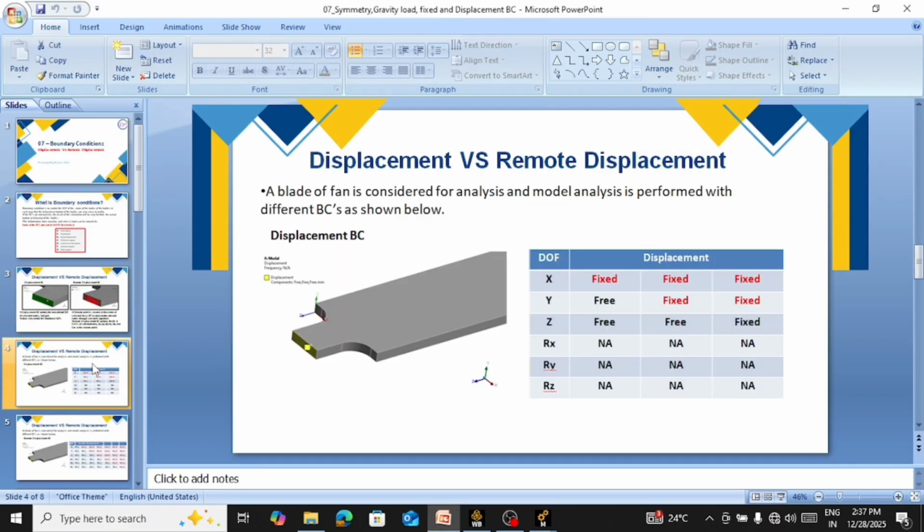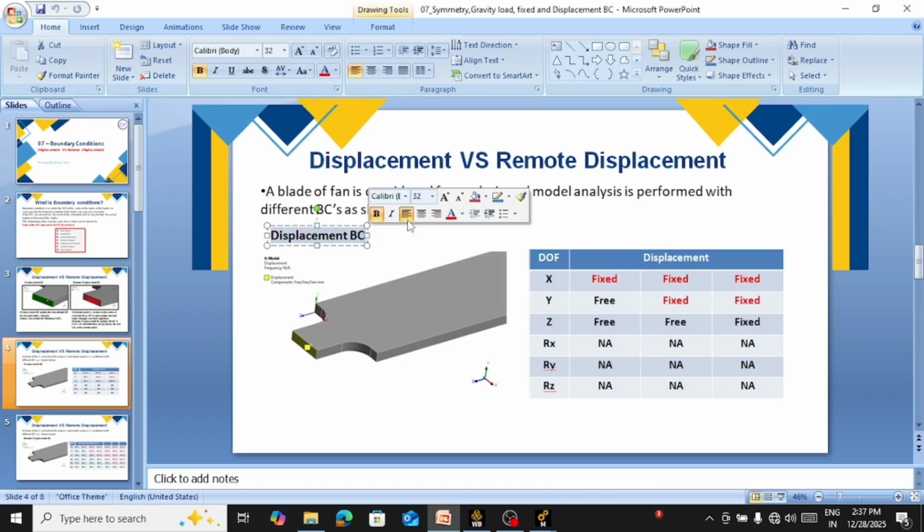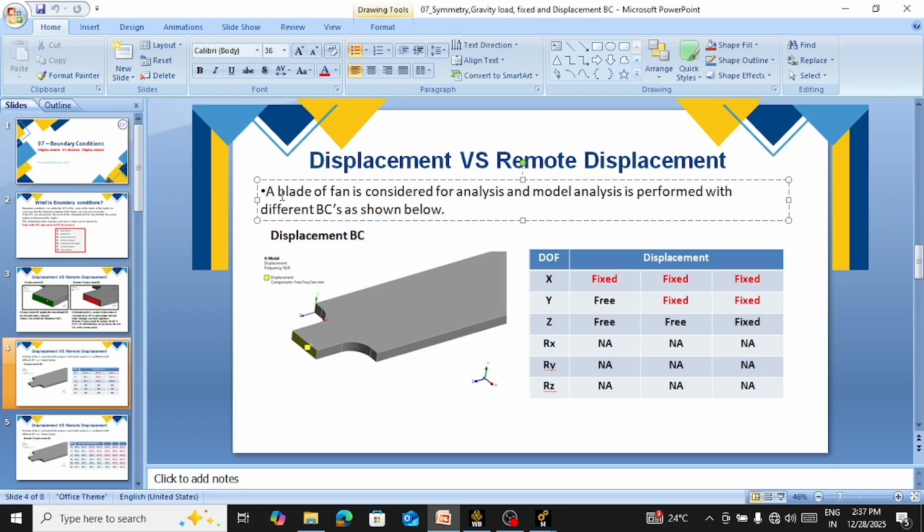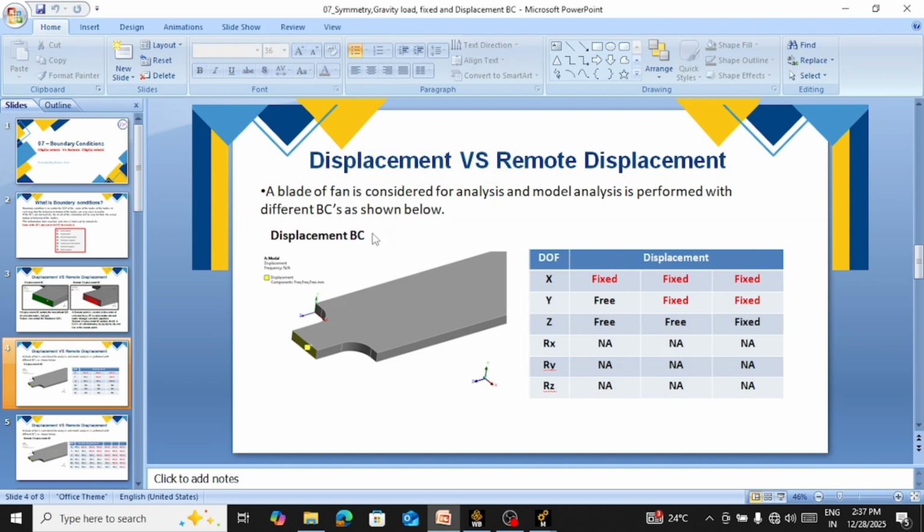To understand how the different boundary conditions affect our result, we will be doing a case study. We will perform a simulation with a displacement boundary condition where we will take a blade of a fan and try different boundary conditions. For example, in the first case you can see only x degree of freedom will be fixed.